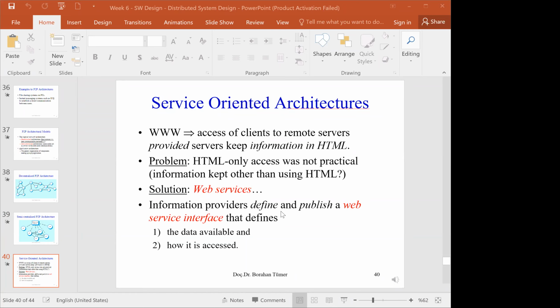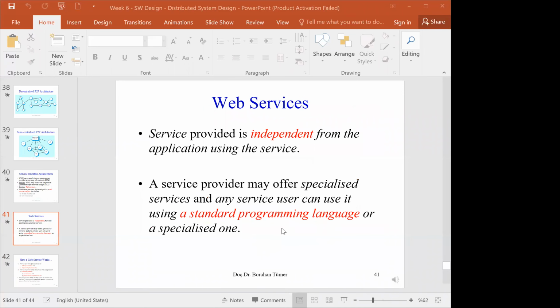Information providers define and publish a web service interface that defines the data available and how it is accessed. So the service provided becomes independent from the application using the service.